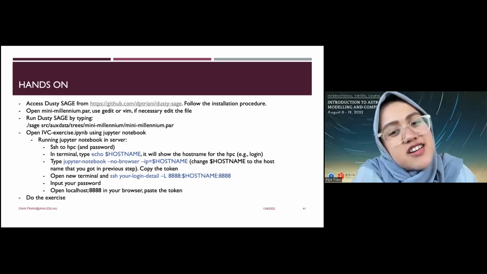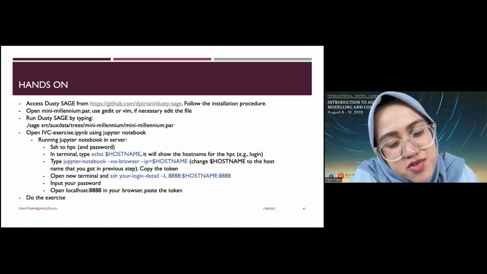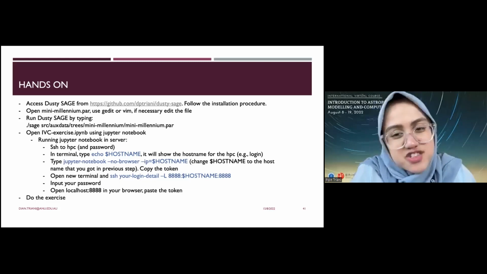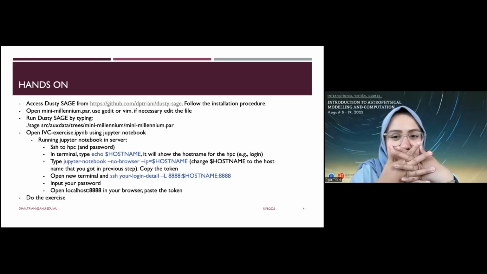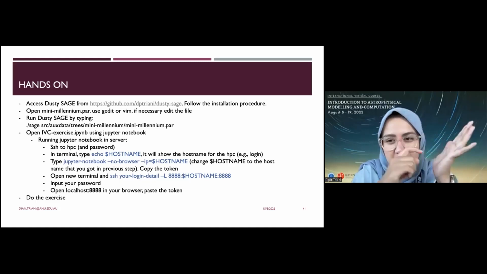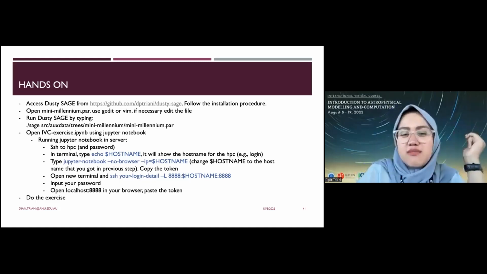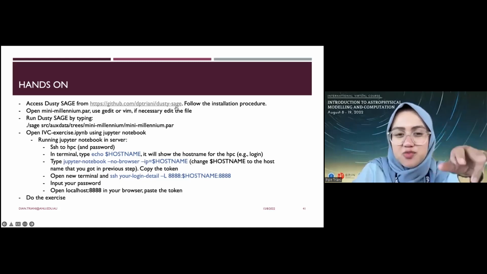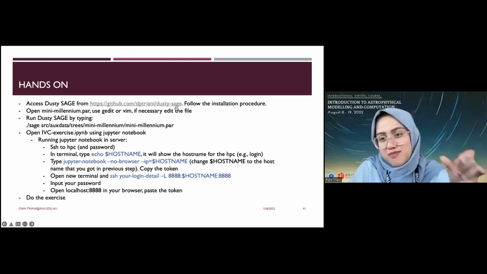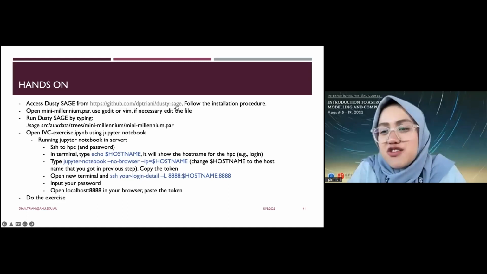I think the SSH on HPC Brain is already made, so I think it's already installed. What I think you need to do is make a directory with your name in the mini millennium, for example, or anywhere, and then change the output directory inside the .par file to your new output directory.